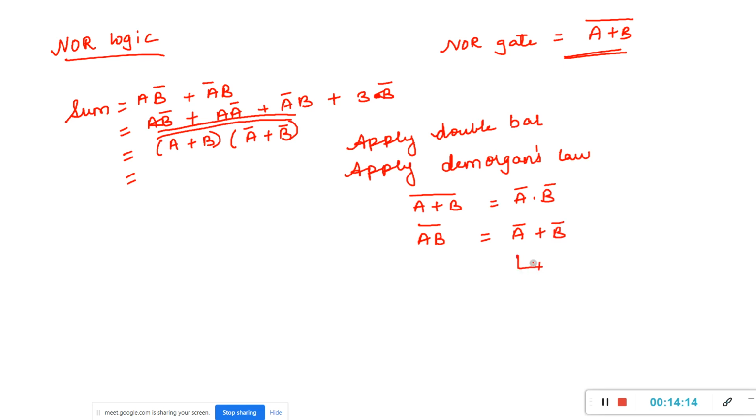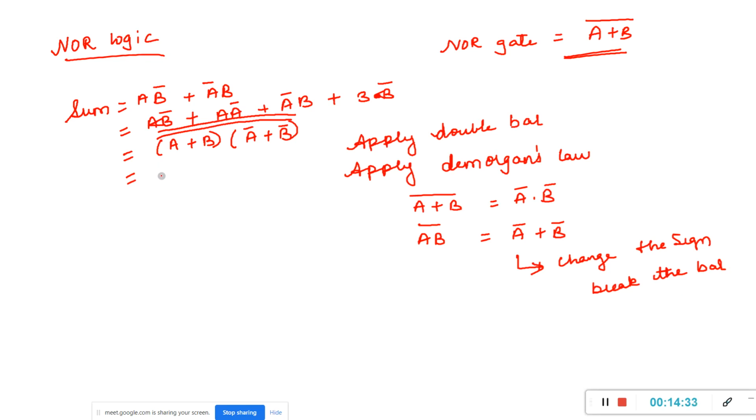De Morgan's law states that you change the sign and break the bar. Two steps are there. First you break the bar and then change the sign.